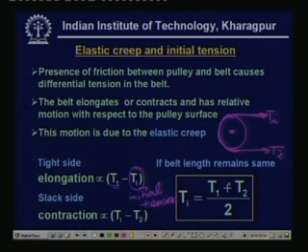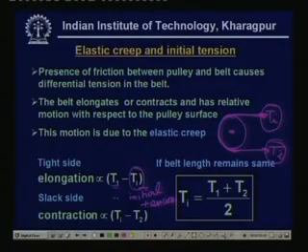Now, the moment it starts moving, this initial tension changes to either T 1 or T 2, depending upon the direction of the belt motion or the pulley motion, whichever you consider, and based on what we decided in the earlier slide about which is the higher tension side and which is the lower. The initial tension is only the same on both sides when the pulley is stationary, so the tensions on both sides of the belt equal T I. When the motion sets in, one will be T 1 and the other will be T 2.